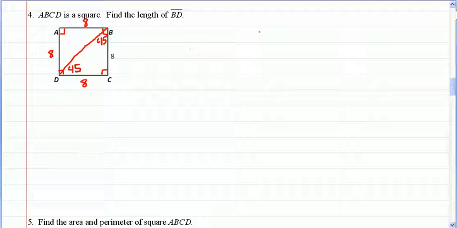So that means we're dealing with a 45, 45, 90 triangle again, and when I draw my reference triangle, I just draw it the same orientation as the one that's given. So we have 45, 45, 90, and then x and x for the two legs, x root 2 for the hypotenuse, and I see that the 8 is in place of the x, so x is equal to 8.